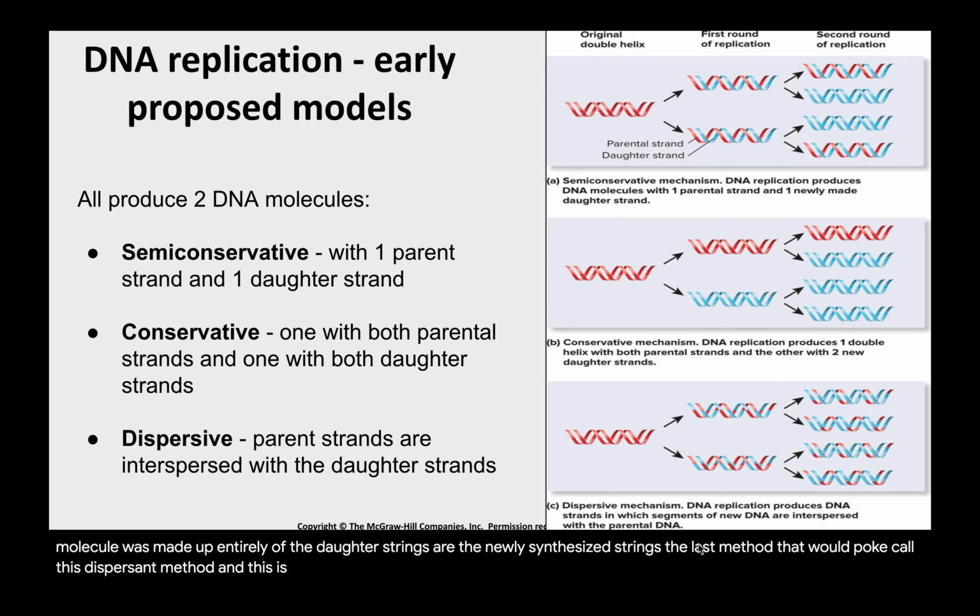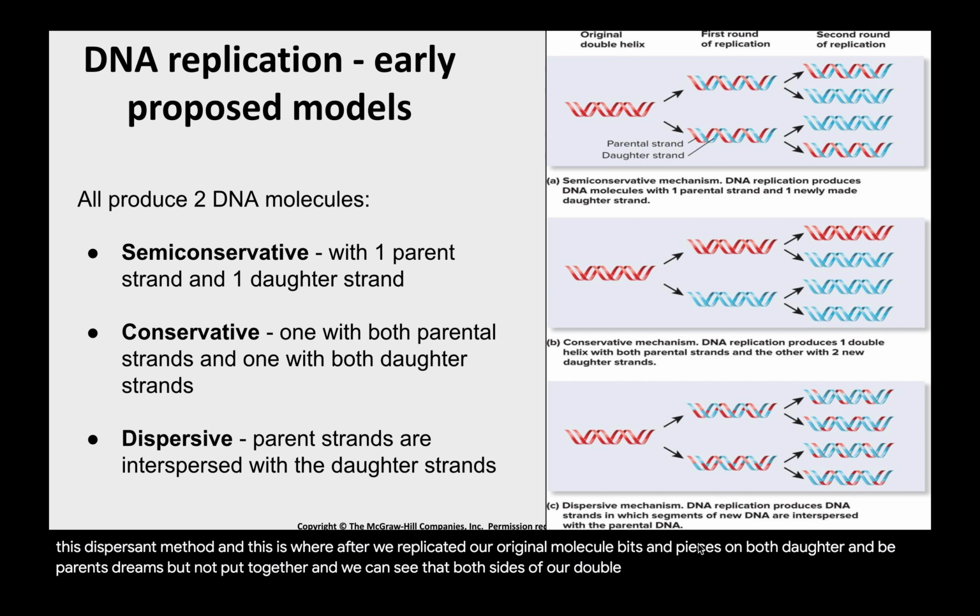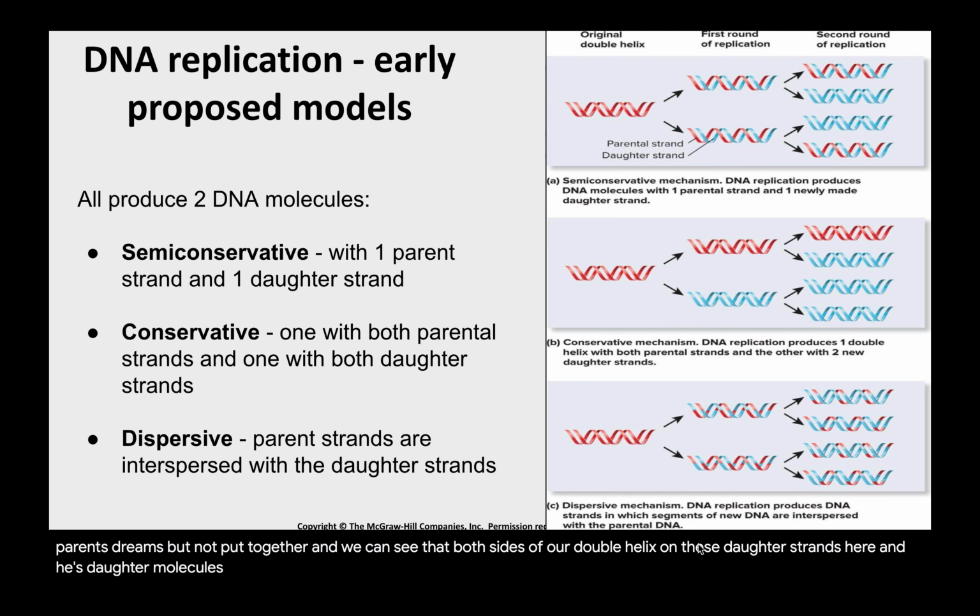This is where, after we replicated our original molecule, bits and pieces of both the daughter and the parent strands were put together, and we can see that on both sides of our double helix on these daughter molecules, we see bits from the parent, bits from the daughter, all dispersed together. All right, so which model was correct?